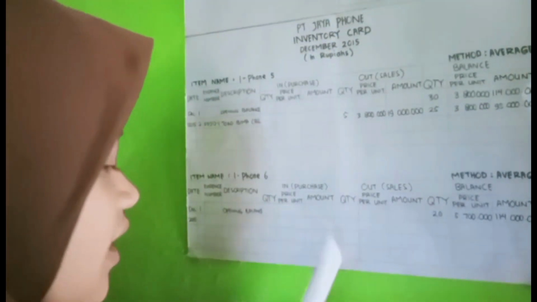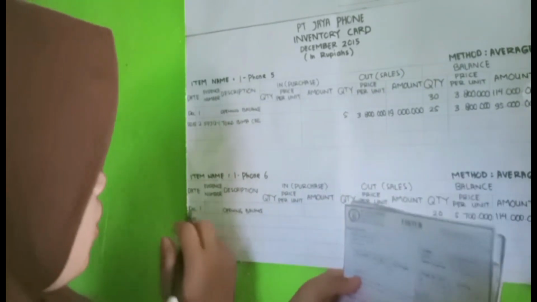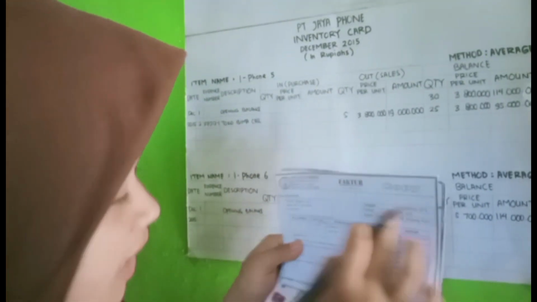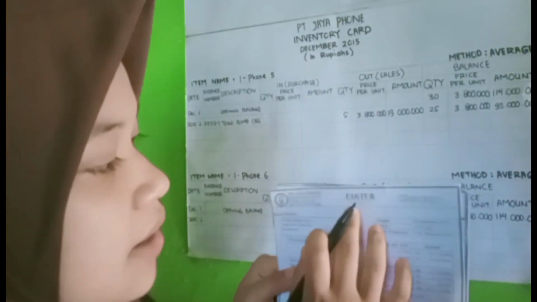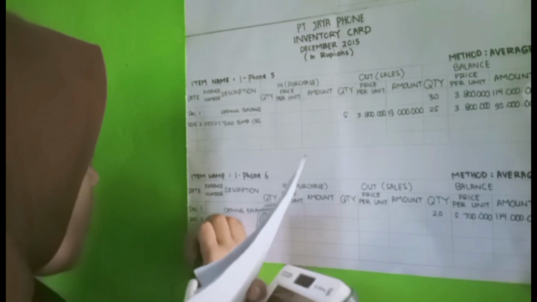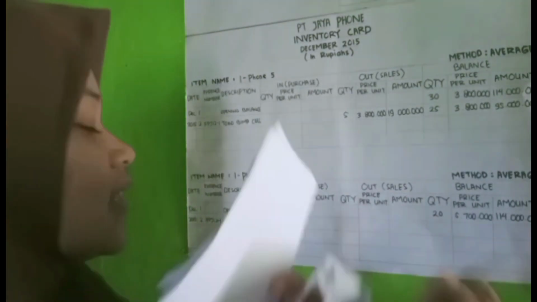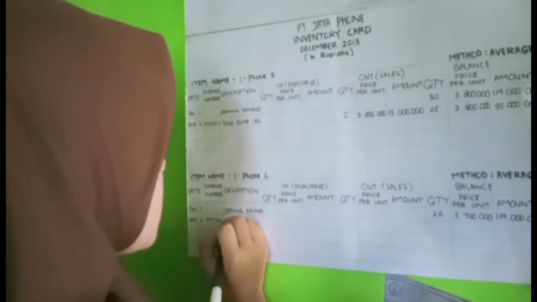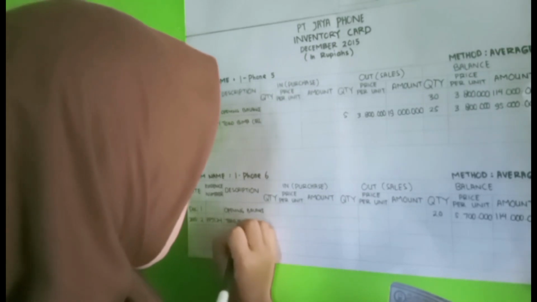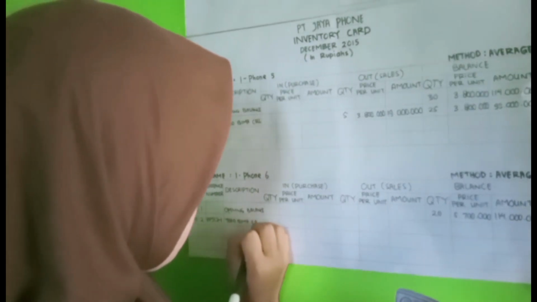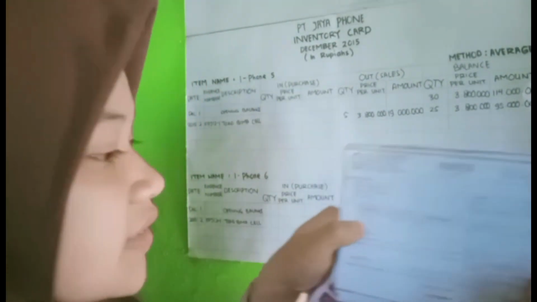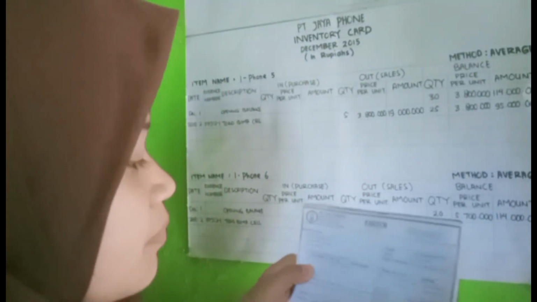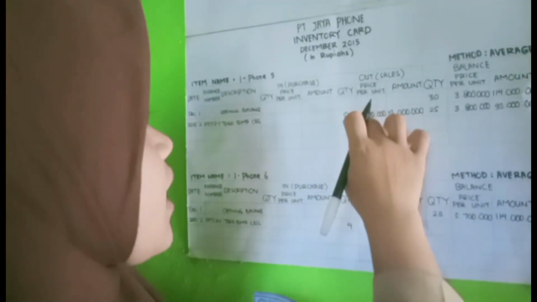For iPhone 6, this is the same. Second, for the evidence number, FPJ 12 space 1. For description, it is the same, Toko Bima Sale. At the sales column, the quantity is 4, and the price per unit is like iPhone 5.